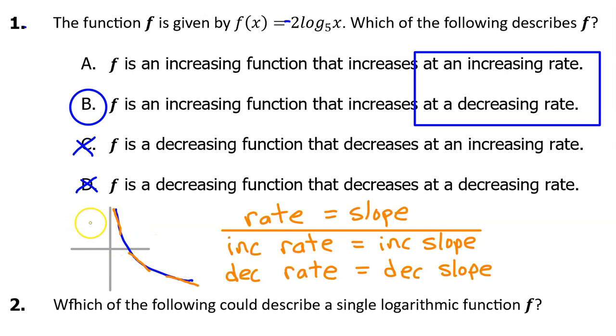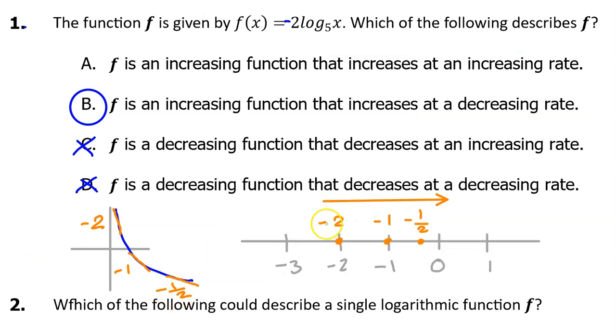So this first slope might be, let's say, negative 2. This middle slope around in here would be negative 1. And this slope might be something like negative 1/2. The question is, are these slopes increasing or decreasing? It's a little bit easier to see if you put the slopes in order on a number line.